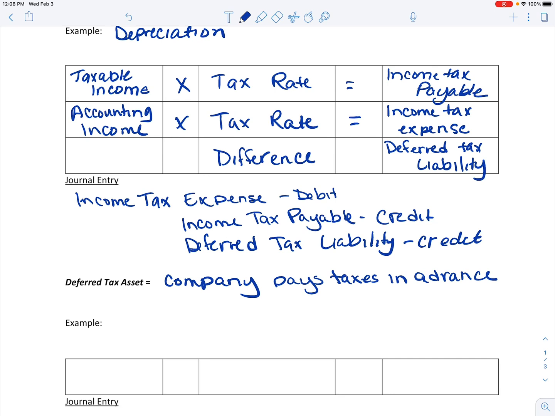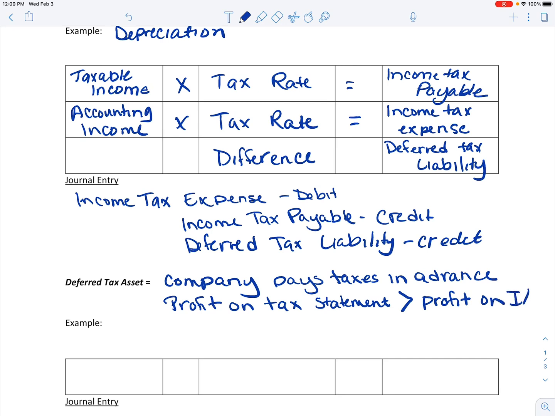So this occurs when the profit on your tax statement is more than your profit on your income statement.